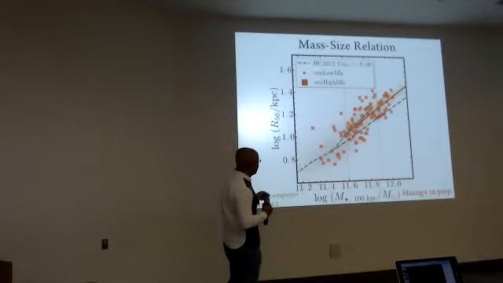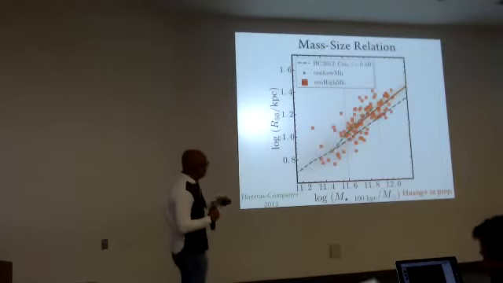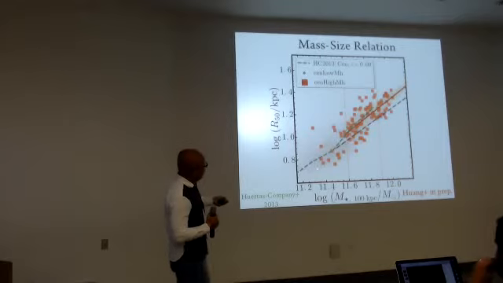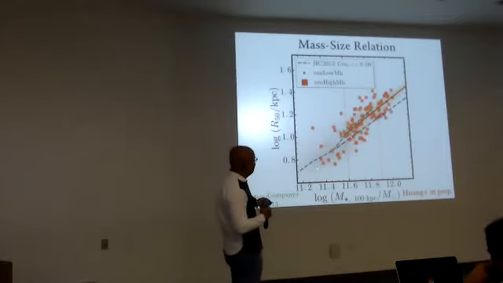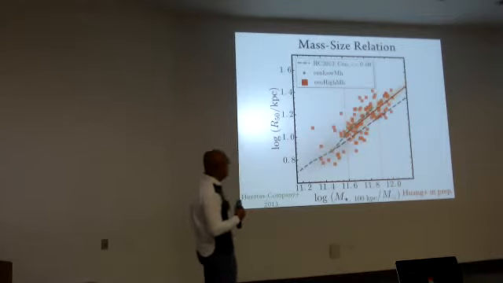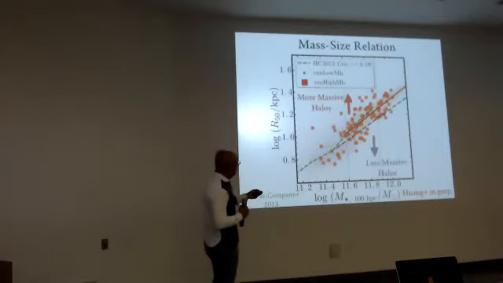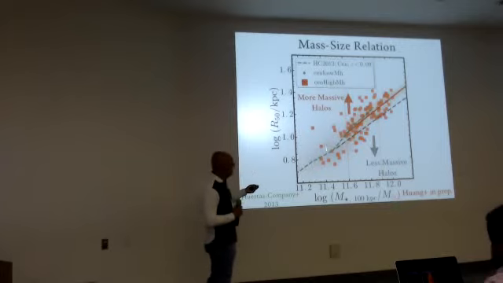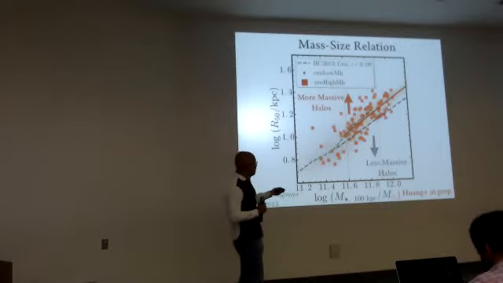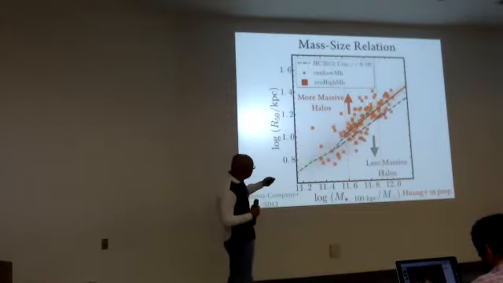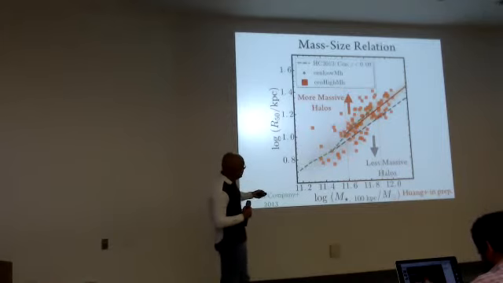Our massive galaxies basically lie on this very tight stellar mass size relation that is consistent with the literature. Meanwhile, we can see that these two samples, the red dots from the central galaxies of more massive halos and the gray ones from the central galaxies of less massive halos, have different typical sizes at a fixed stellar mass.